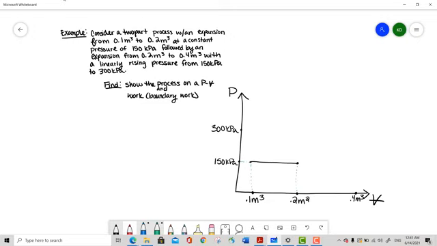And then it's followed by an expansion from 0.2 to 0.4 with a linearly rising pressure from 150 to 300. So we know that we're going from here to here and then up to here. And we know that this is linear, so I'm going to draw that as straight as I can.